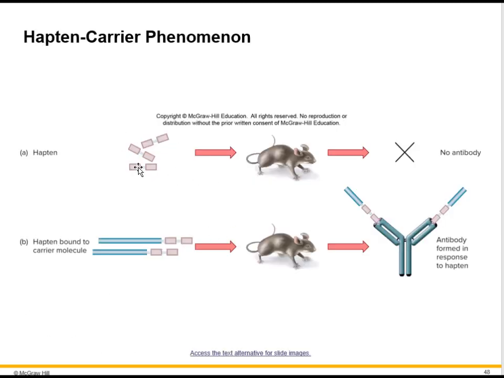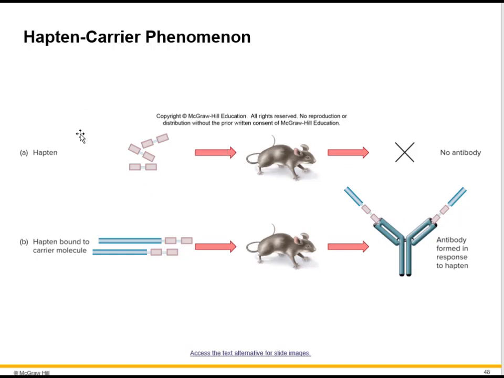As you can see here, a hapten inserted into a mouse would not produce antibody, but if you put the hapten on a carrier molecule and inserted it into the mouse, it would create an immune response. But the immune response is not to the bigger portion, the carrier molecule, but to the hapten itself. And so the hapten is still what is giving you the response.